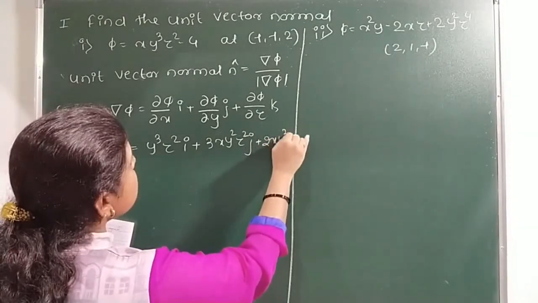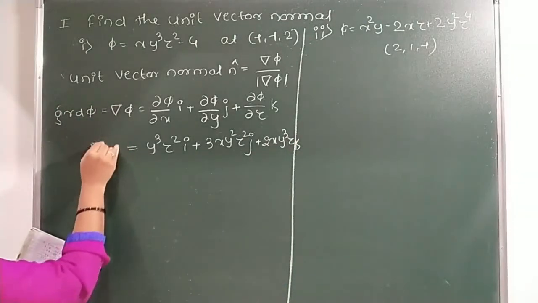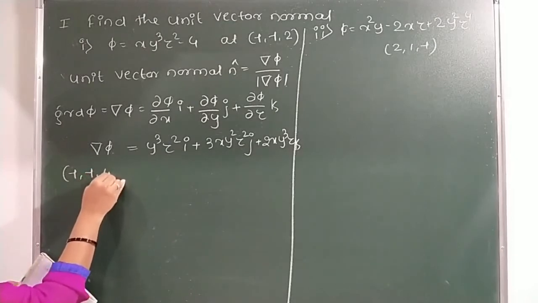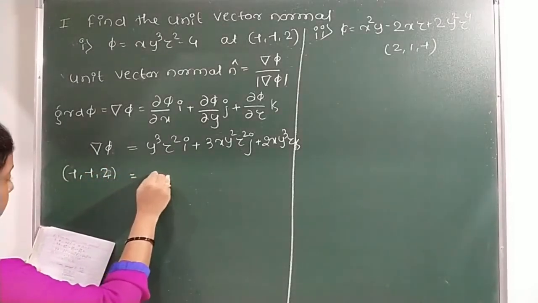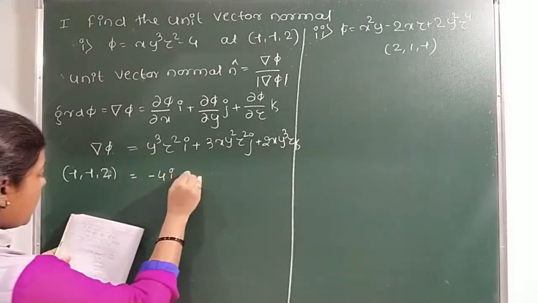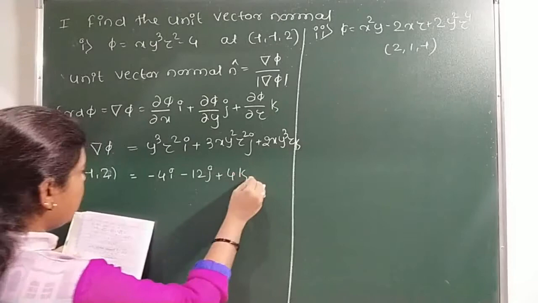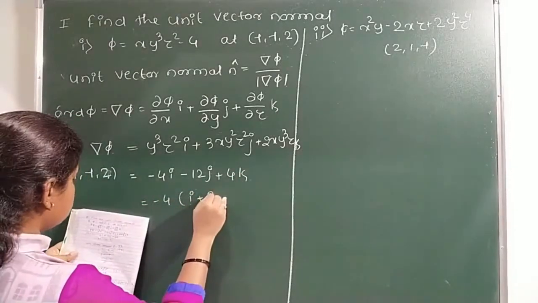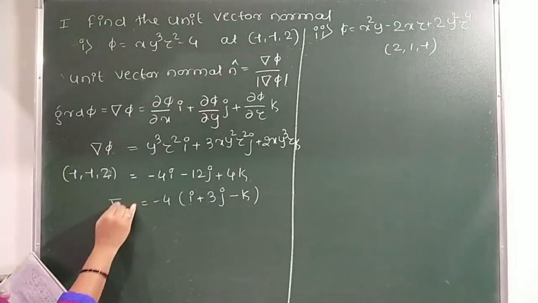This becomes y cube z square i plus 3xy square z square j plus 2xy cube z k. For this del phi we substitute (-1, -1, 2), and then it becomes minus 4i minus 12j plus 4k. Take minus 4 common, it becomes i plus 3j minus k. This is del phi.